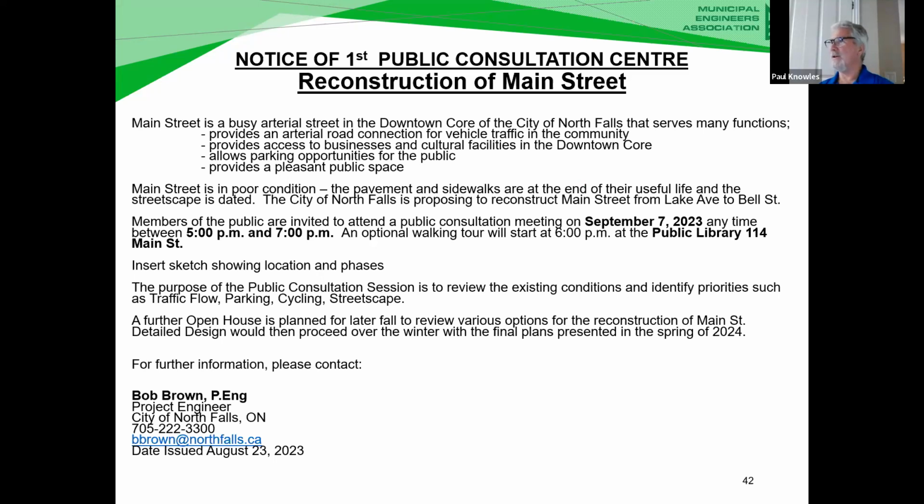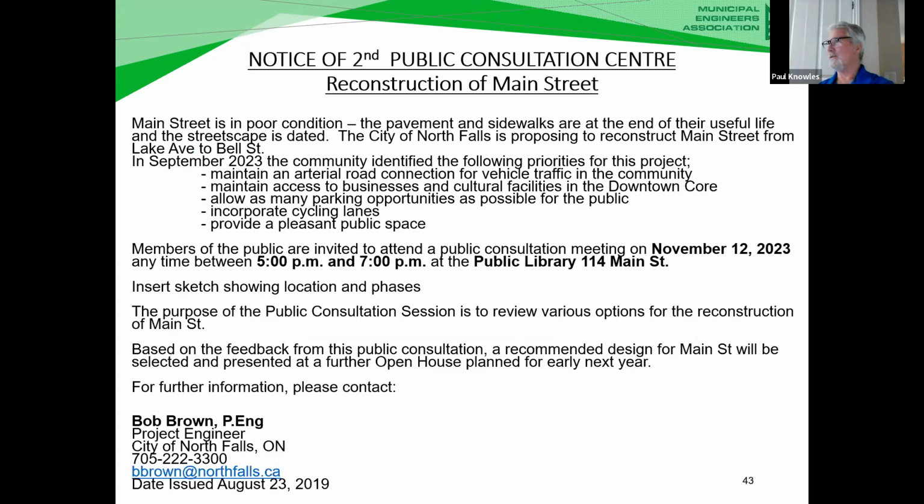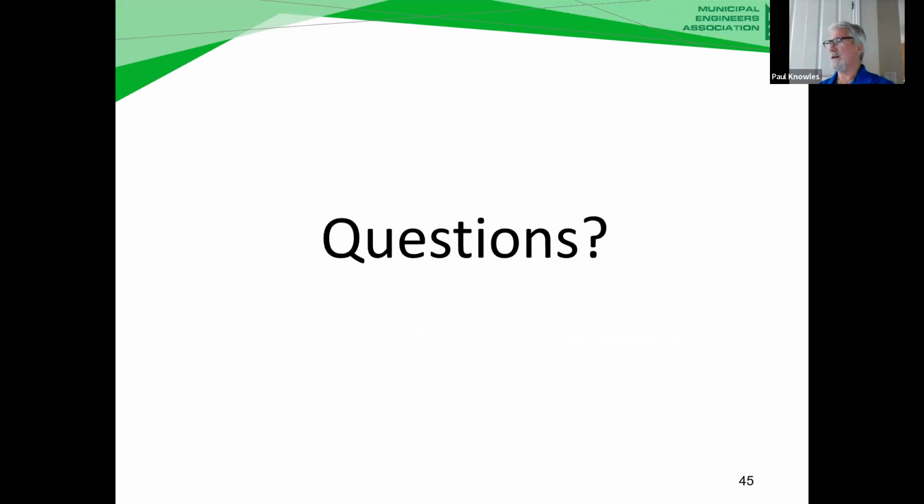Again, you can send out notices that look an awful lot like an EA process, but it is not following the EA Act. The legislative municipal Class EA is just a municipality consulting with its stakeholders. So those are just some samples.